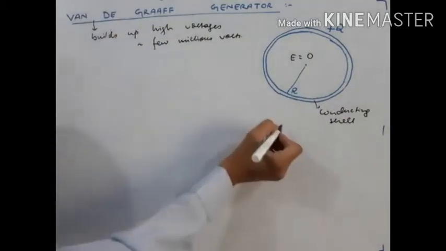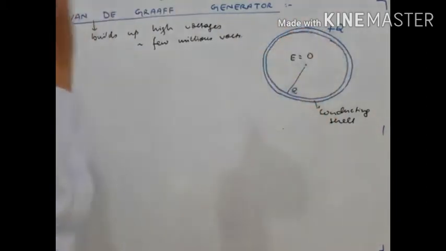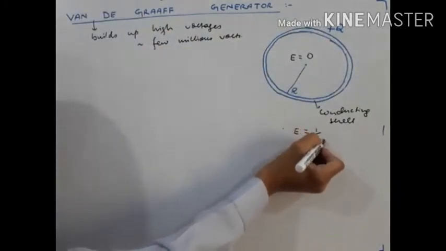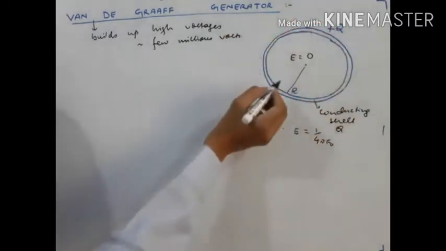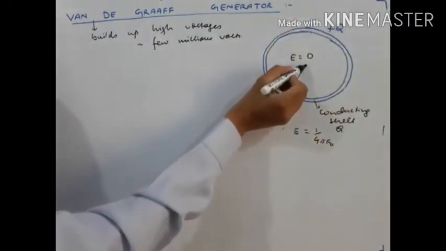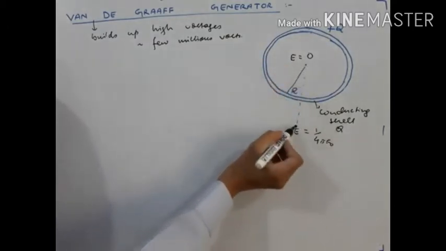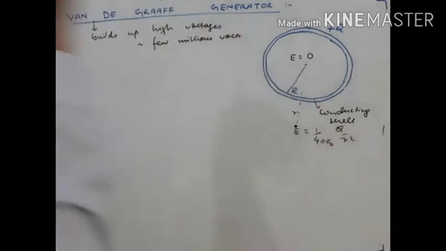And for points outside, the electric field is as if the charge is present where? At the center. So for points outside, the electric field is given by the formula 1 by 4 pi epsilon naught, that charge on the cell, we will assume it to be at the center, and from center whatever distance is there for the point, say it be r, so Q upon r square.